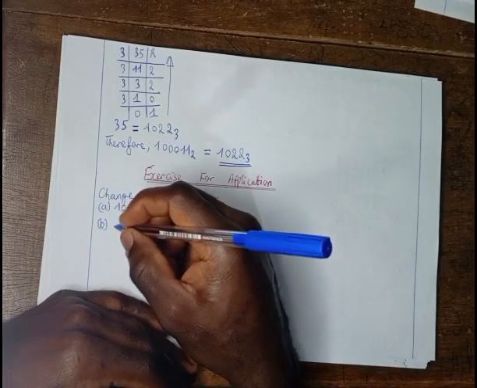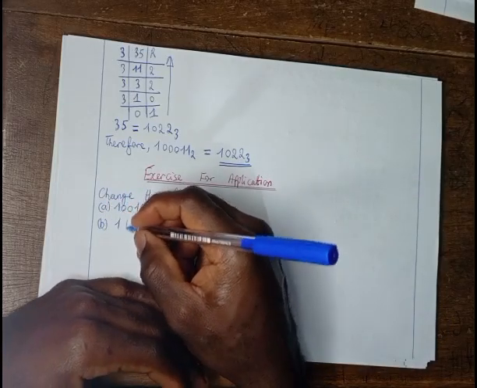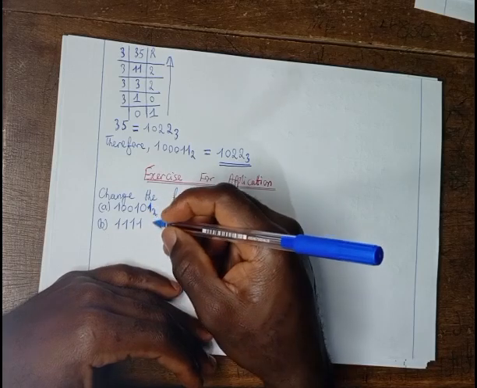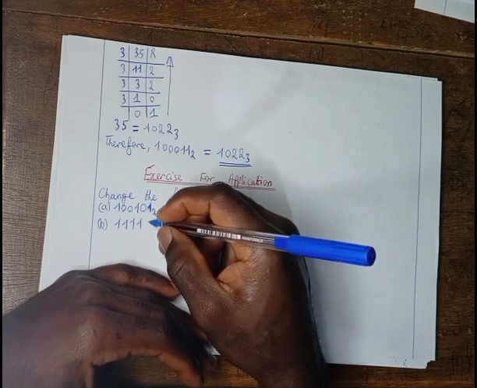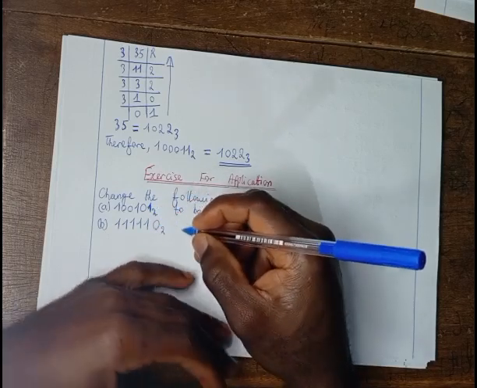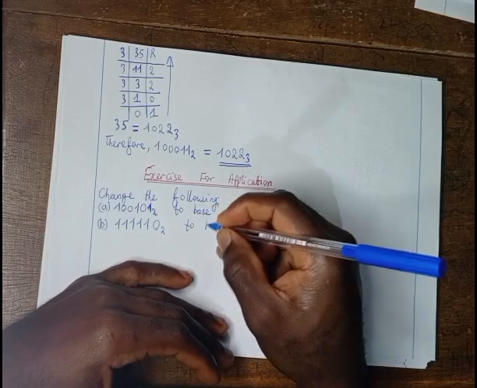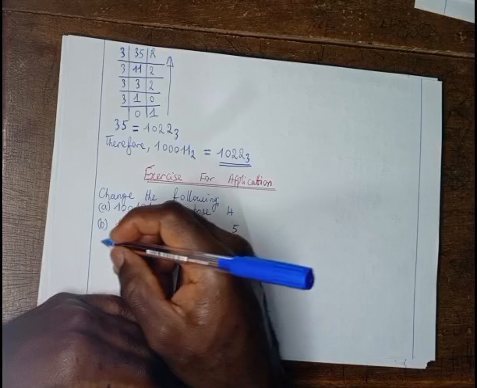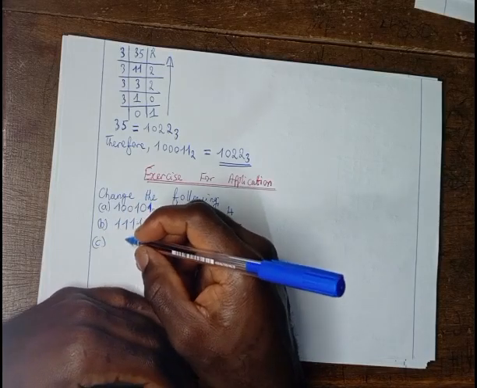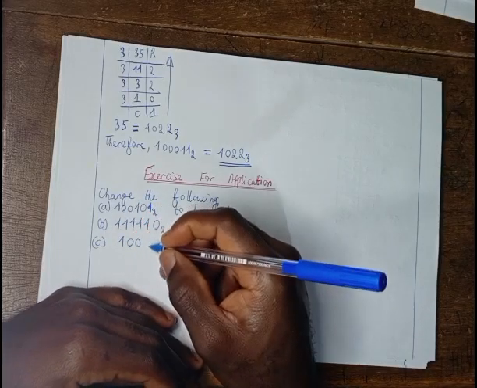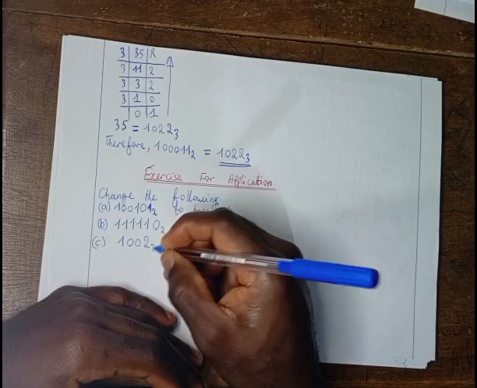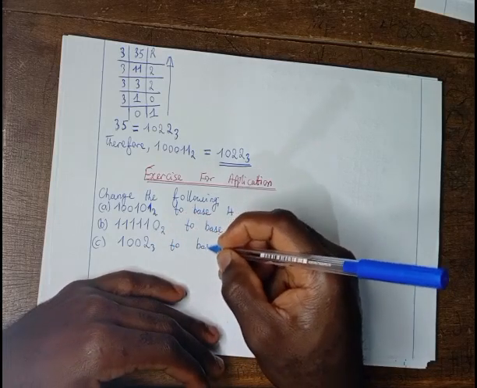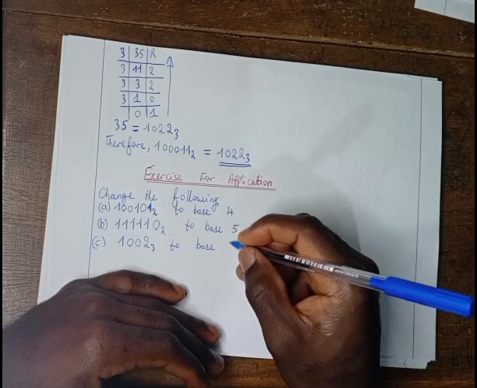For B, we have the number 1 1 1 1 1 0, a binary number, and we have to change it to base 5. For the next, C, we have the number 1 0 0 2 in base 3. We have to change this number to base 2.